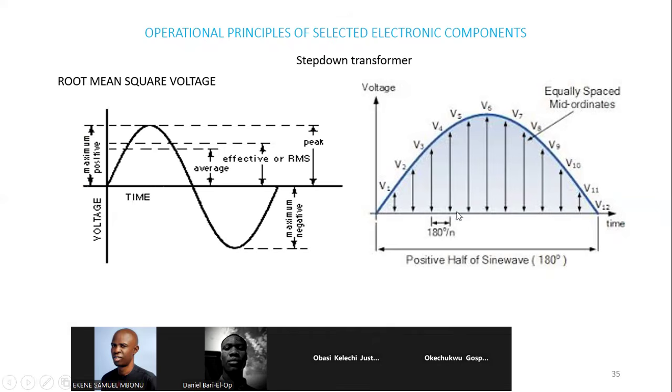So consider this figure where my mouse is; you notice V2 is greater than V1, V3 is greater than V2. Now, I don't know if you have done any course on integration? Yes, you have.